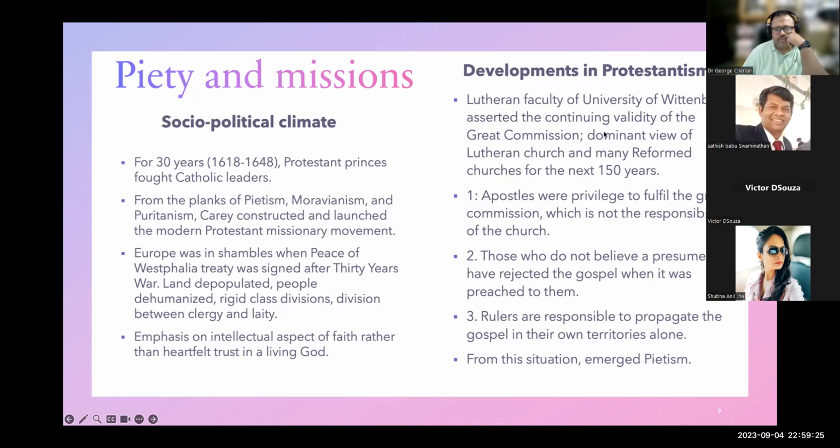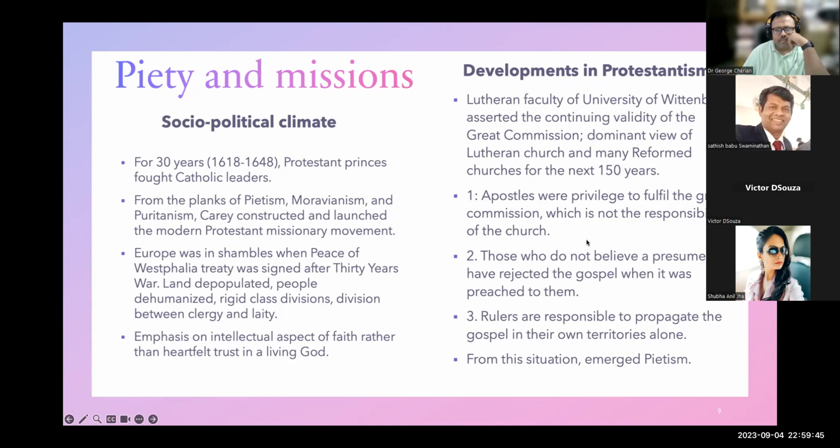So there was a reassertion that the Great Commission is still valid, and the dominant view of the Lutheran Church and many Reformed churches was that the Great Commission is still valid, and for the next 150 years, they did believe in this.